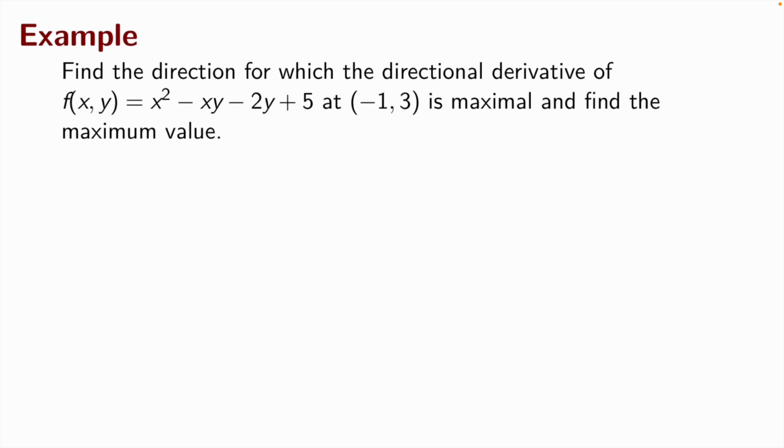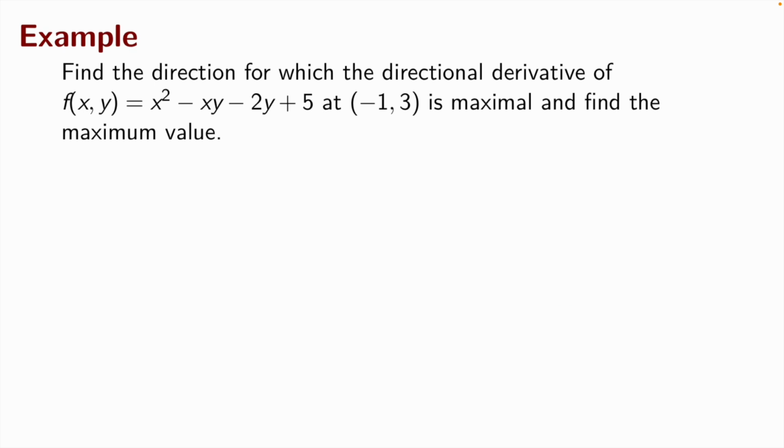So for instance, let's apply this to calculate. Let's see this example. Find the direction for which the directional derivative of this function at -1, 3 is maximal, and find actually the maximal value.